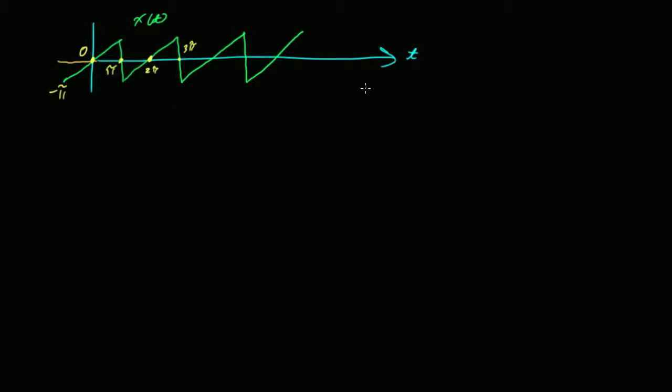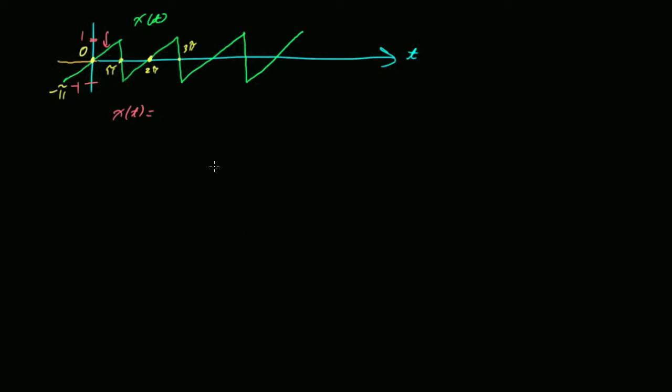Before I go any further, I need an equation for this line. X of t equals. I'm going to give you a hint. It's a line. Should we do minus 1 to 1? Rise over run, man. That's great.